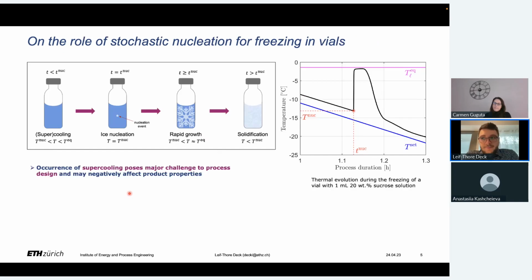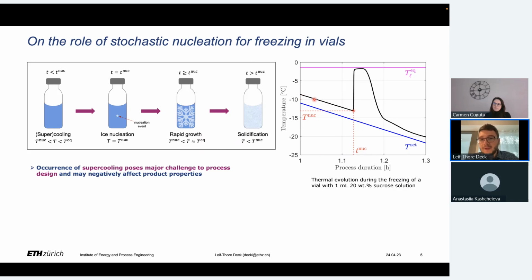Now, when we freeze a small solution containing water and whatever kind of solids we are interested in vials, then stochastic nucleation actually plays a big role. And you see here on the left a sketch of the freezing process, and on the right you see a typical thermal evolution curve. So let me start with this curve first.